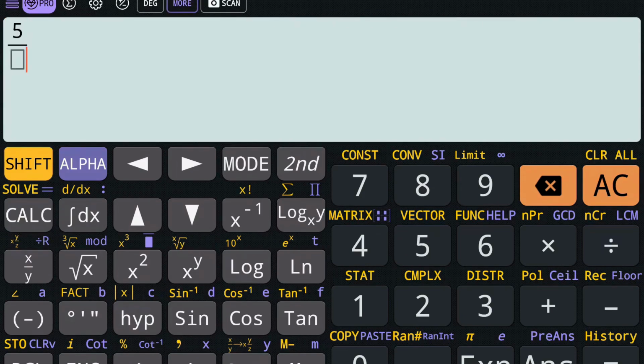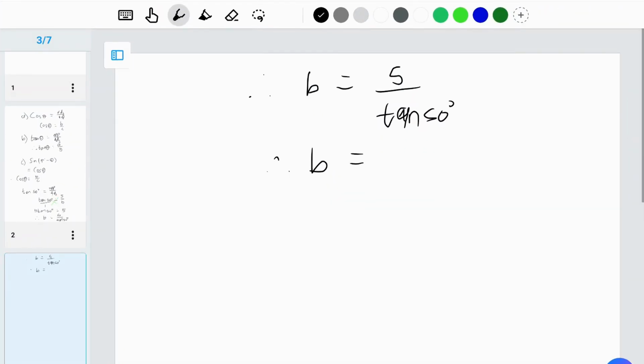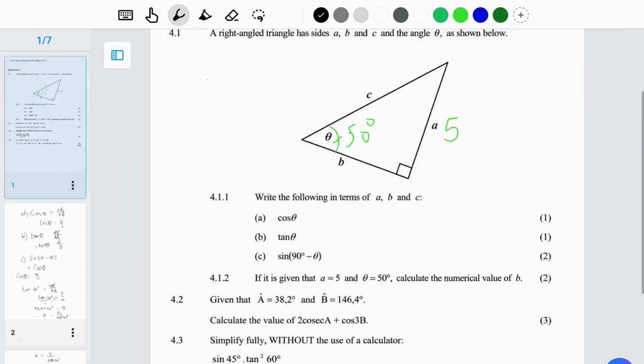It's 5 over tan 50, and there you have it. It's 4.1195, and if they were to say to one decimal place, it would be 4.2. So we know B is equal to 4.2. Okay, let's go to the next question.